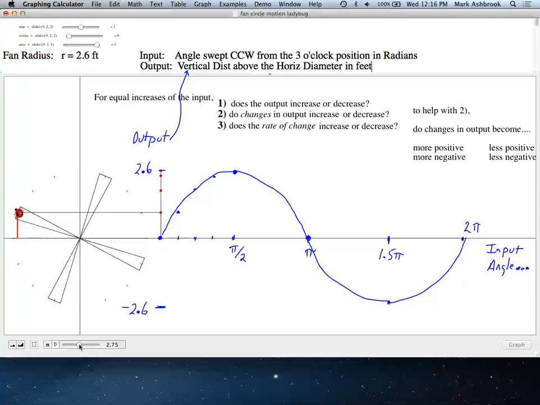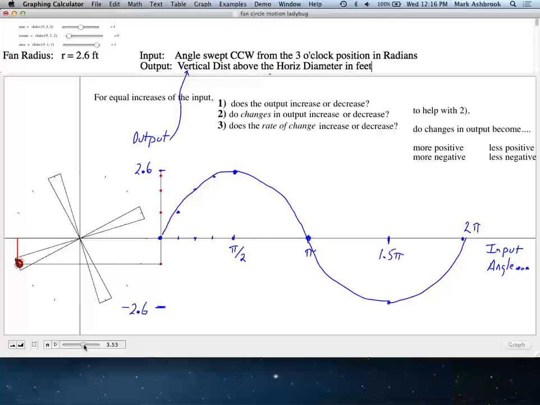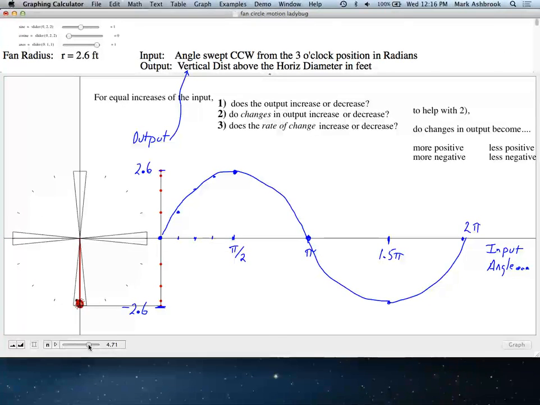And in the second half of the circle, changes are becoming less negative and more positive. So they're increasing that whole way in the second half. Yep. Other questions?